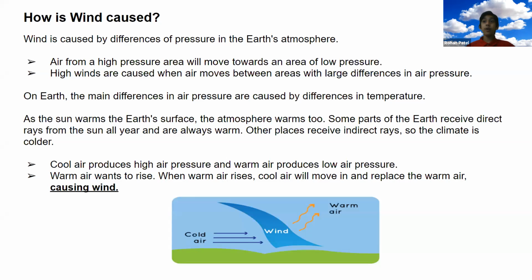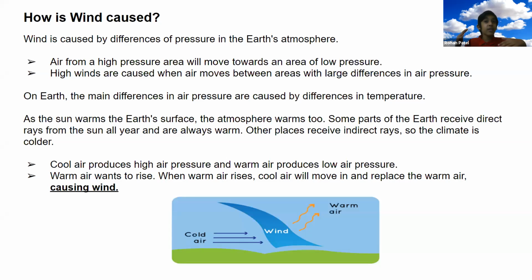Some parts of the Earth receive direct rays from the sun all year and are always warm. That's usually the equator. But other places receive indirect rays, so the climate is cooler, which are usually the poles. Cool air produces high air pressure, and warm air produces lower pressure.